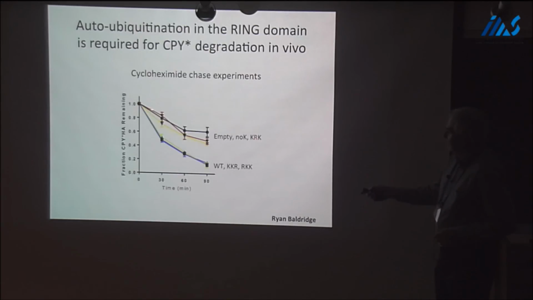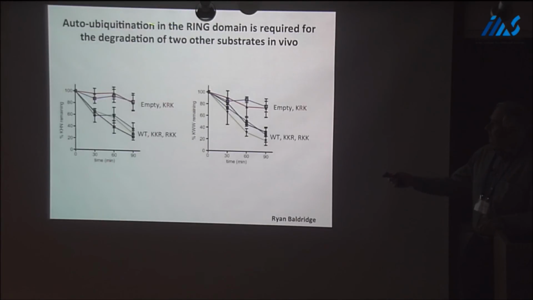And what you can see here is that in wild-type cells, you get rapid degradation. But if you have this mutant where the ring finger is blocked from ubiquitination, it's just as bad as if you didn't have any HERD1, any lysine present, or the empty vector. And we have similar results with 2 other substrates here. So again, this mutant is basically dead.